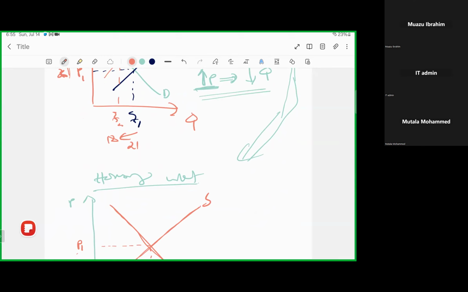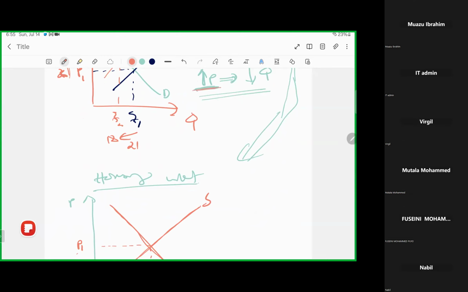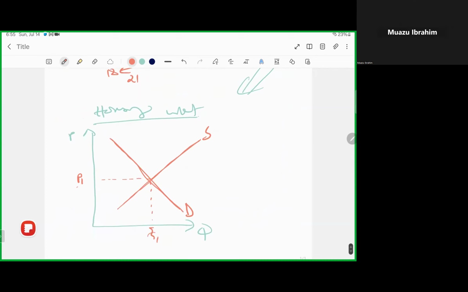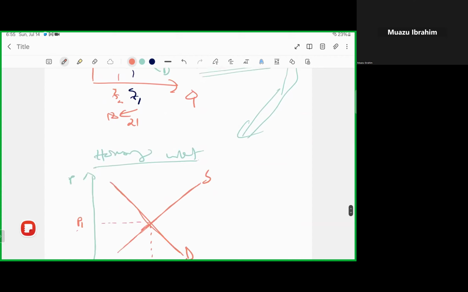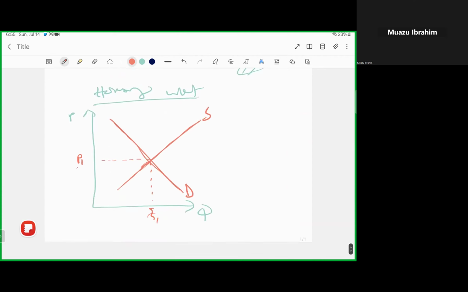So we expect the supply of housing to fall. Remember, this is not the supply of cement. This is the supply of housing. We have the demand and supply of cement, and how that affects the housing market.